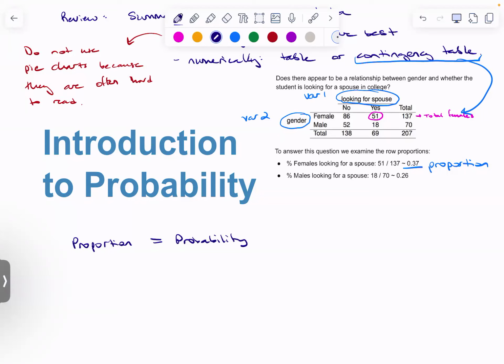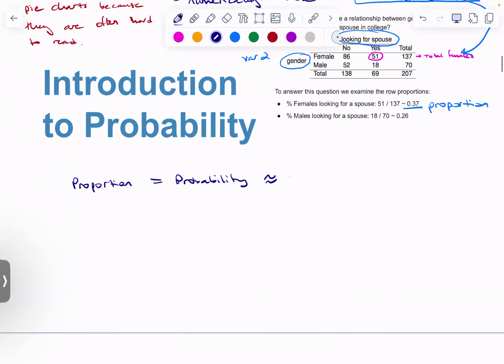So from this sample, if this sample was randomly selected from the population, then I'm allowed to assume that the probability that a randomly selected female is looking for a spouse is roughly 37%, or 0.37. We do that often where we convert proportions to percentages.